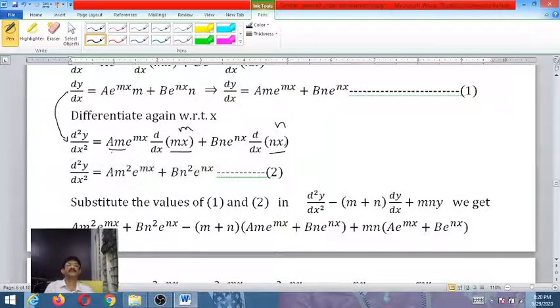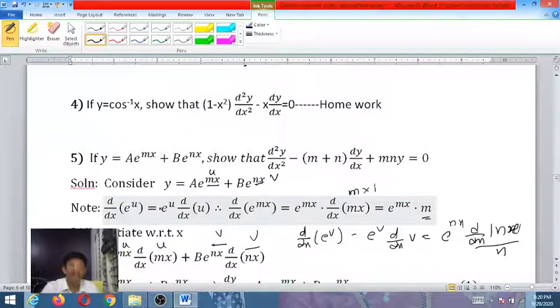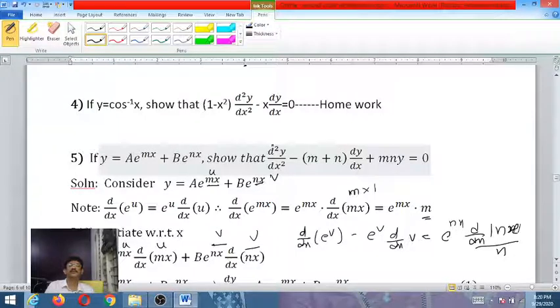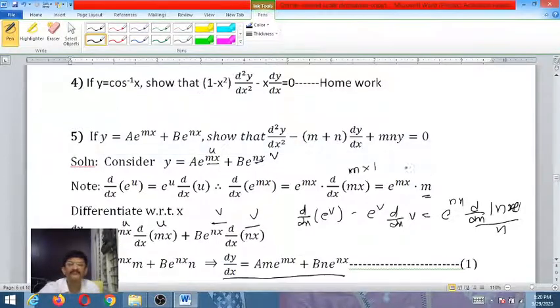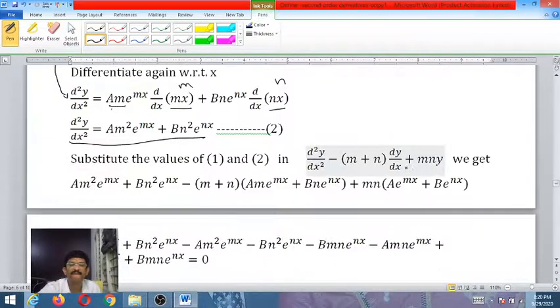Now look at here, m into m square, n into n square. So this is y2. What is dy by dx? This one. What is d square y by dx square? This one. Very simple one. Now we have to prove this result, right? To prove this result, you substitute the value of d square y by dx square, dy by dx and y. What is d square y by dx square?